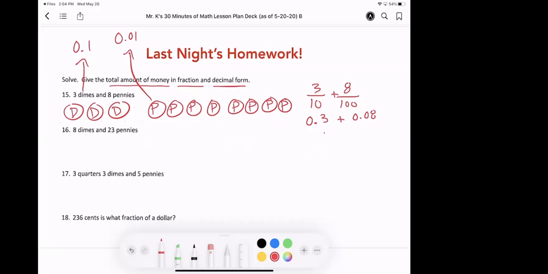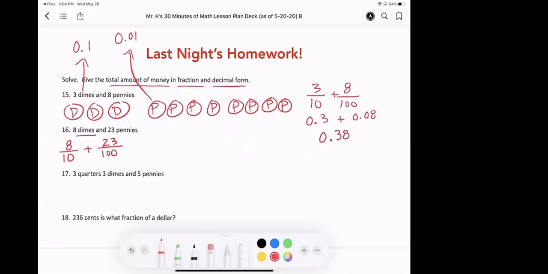And I see lots of folks writing in, excellent work. 8 dimes and 23 pennies. I'm not going to draw all of my D's and my P's, but 8 dimes. Remember, a dime is 1/10, so 8/10 and 23 pennies, each penny is 1/100th, so 23/100ths.